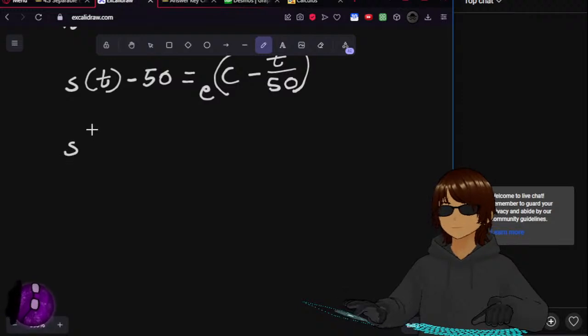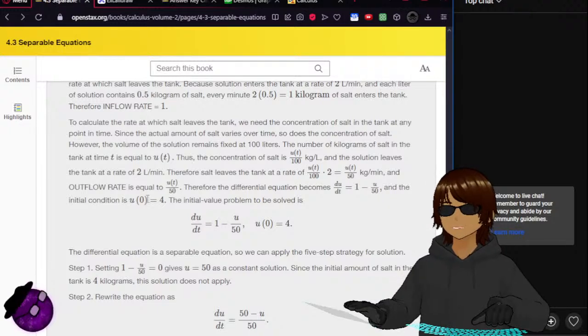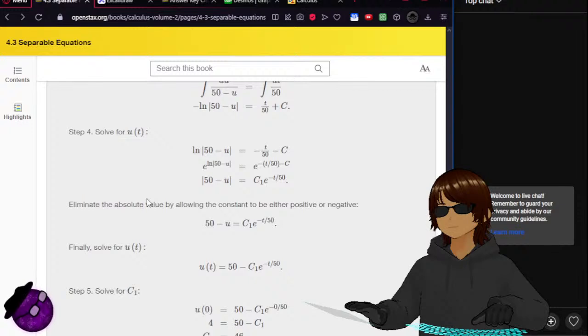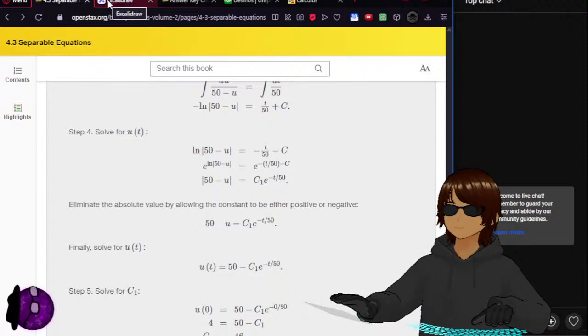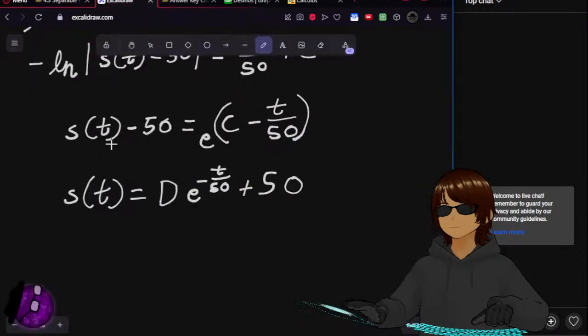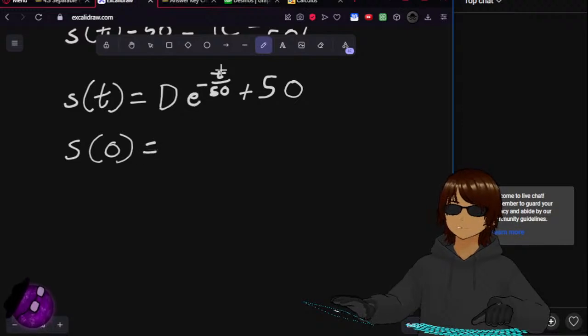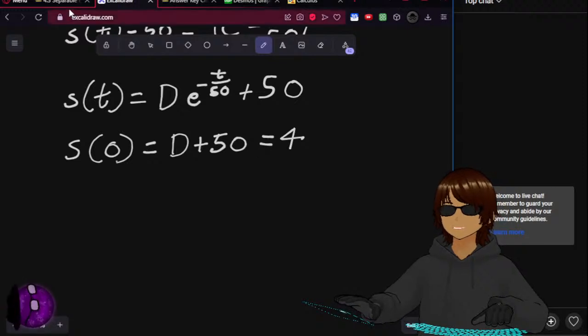And then we can separate e to the power of C. Since S(0) is equal to 4, 0.01 t plus 50 is equal to 4, dS.